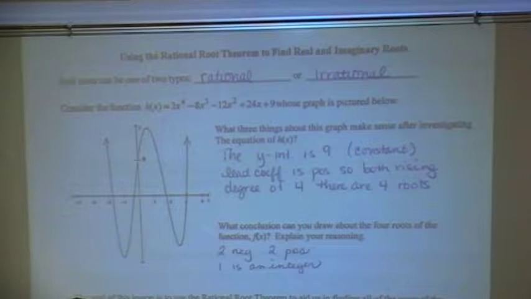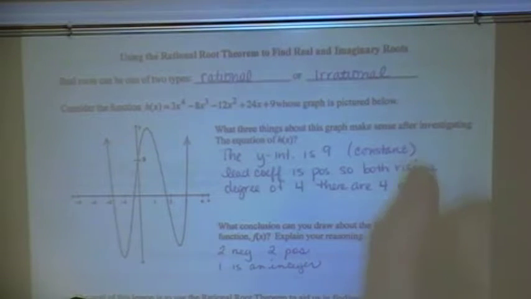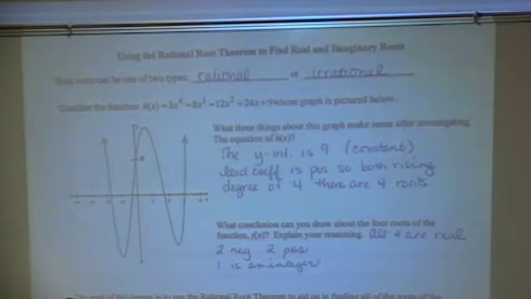If they come out to be a third, that would be rational. If they come out to be square root of 2, that would be irrational, and I don't know that yet. But I can see all 4 of them on the graph, which means they are at least all 4 real, because if they were imaginary, you couldn't graph them, so you wouldn't be able to see them.